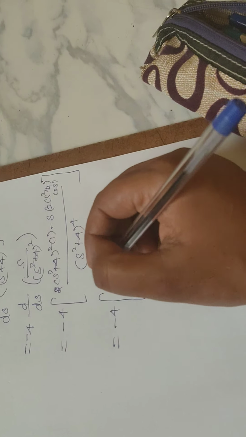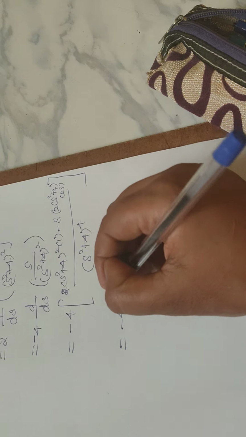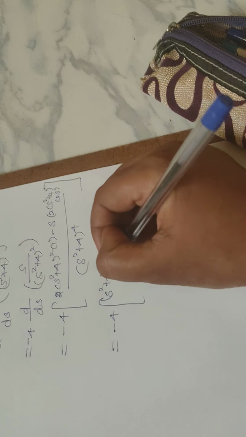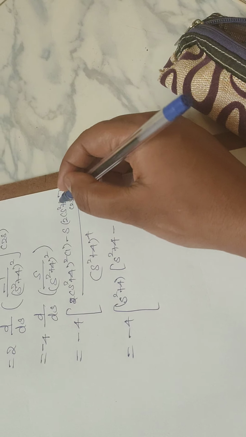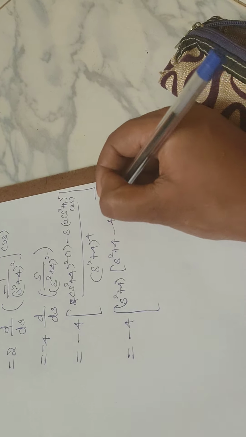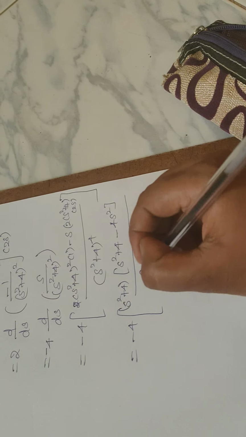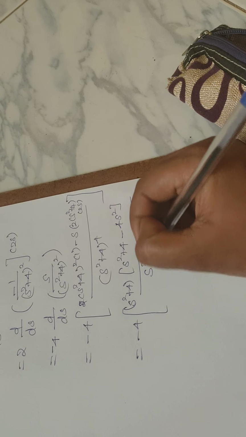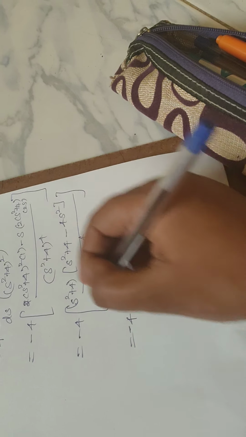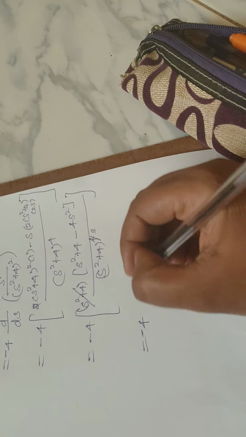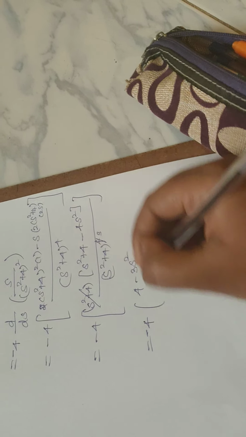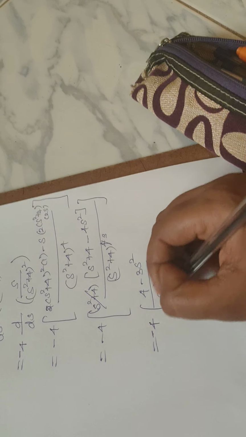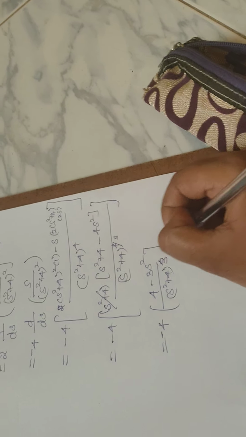Minus 4 into s square plus 4, if you take it outside, you will get inside the term s square plus 4 minus 4s square, divided by s square plus 4 the whole power 4. So minus 4, this will be power 3. This is 4 minus 3s square divided by s square plus 4 whole power 3. So this is the answer.